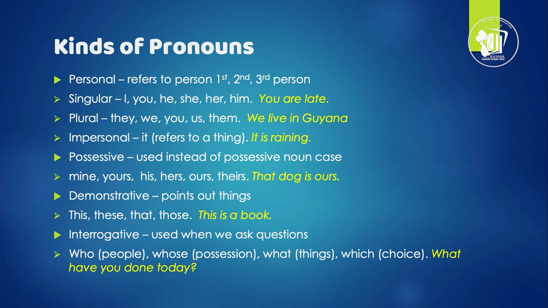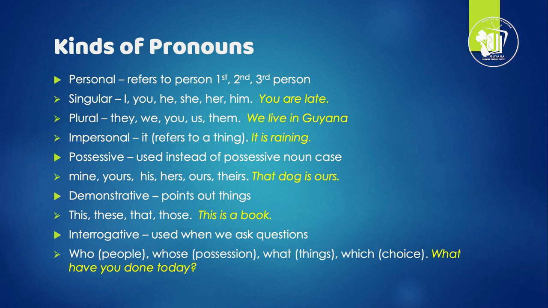Another kind of pronoun that we have is the possessive. And this is used instead of the possessive noun case. The examples of the possessive pronouns are mine, yours, his, hers, and theirs.